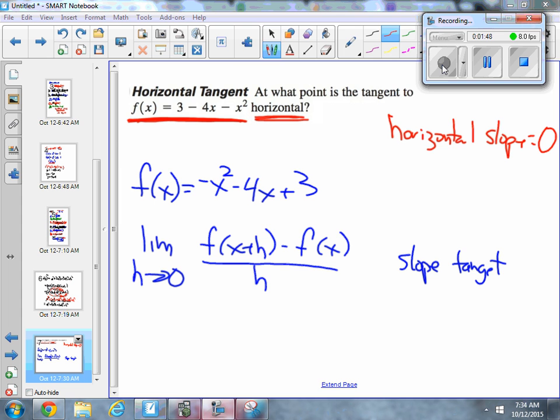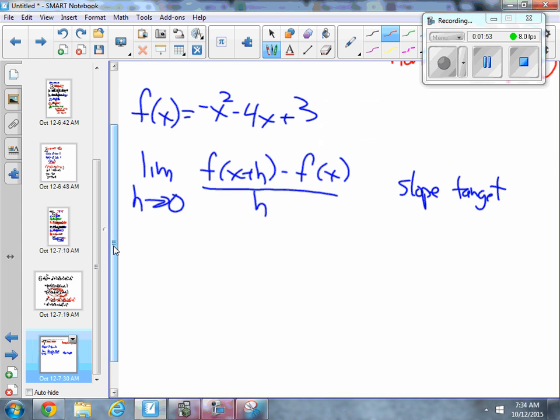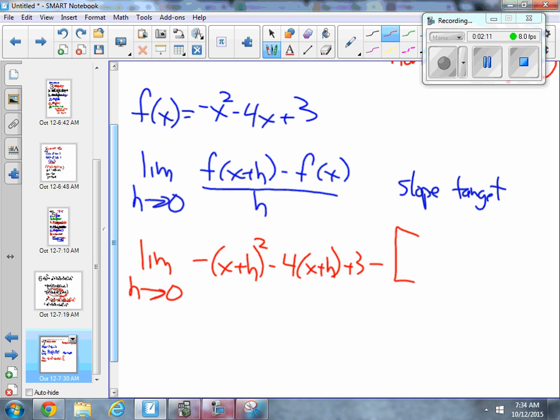So let's try it. The limit as h approaches 0 of negative (x plus h) squared minus 4(x plus h) plus 3, minus, I'll put it in brackets so I don't lose a negative sign, negative x squared minus 4x plus 3, all divided by h.